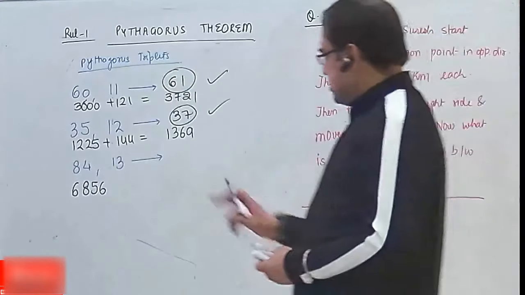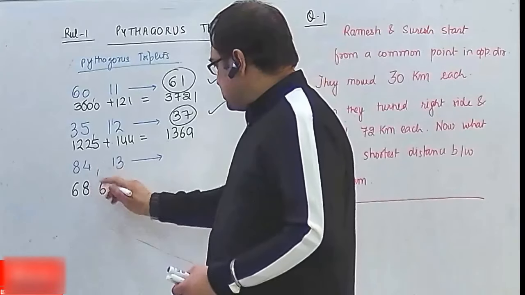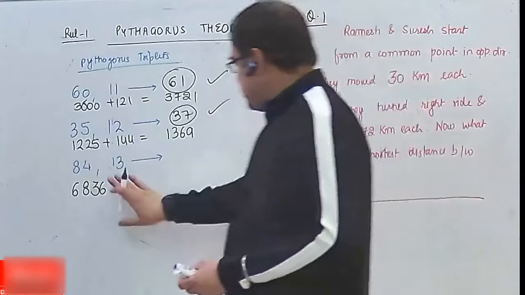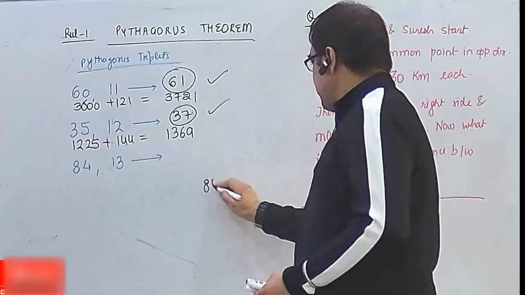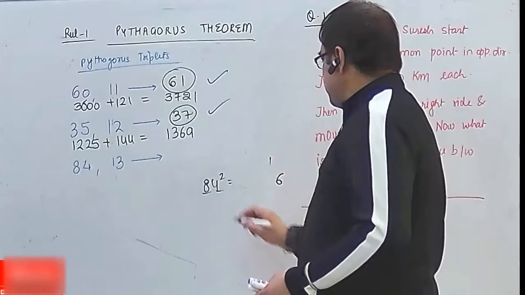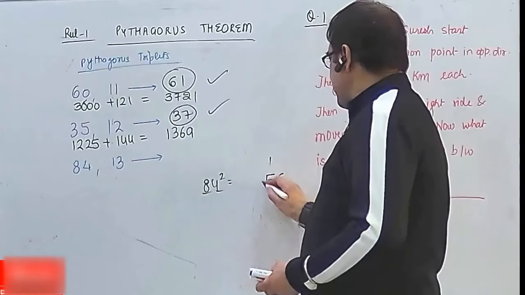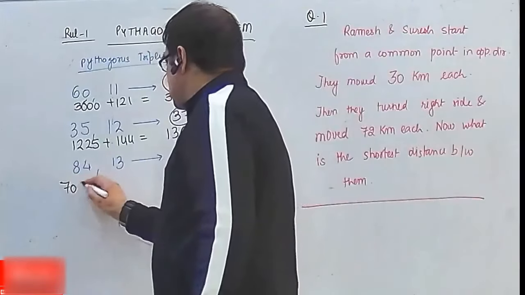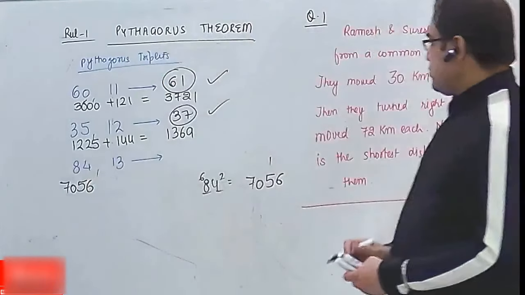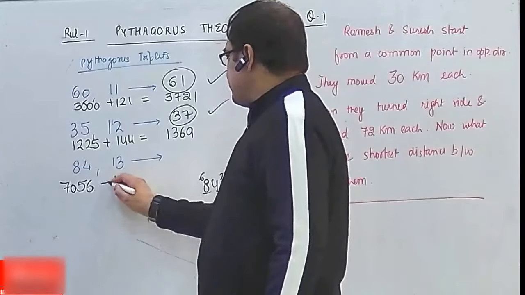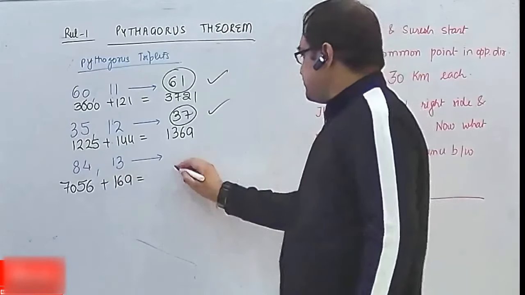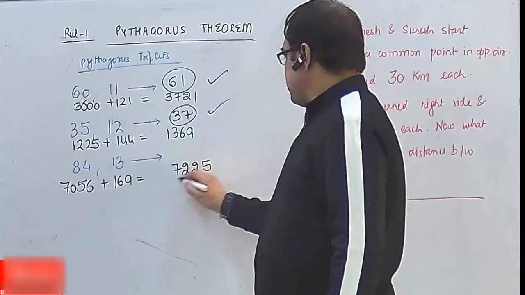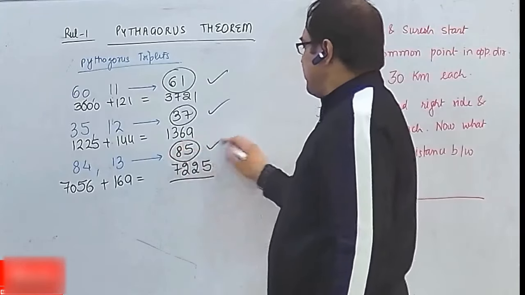Let's see, what is the square of 84? 84 square is 7056, and 13 square is 169. The total is 7225, and this is the square of 85.